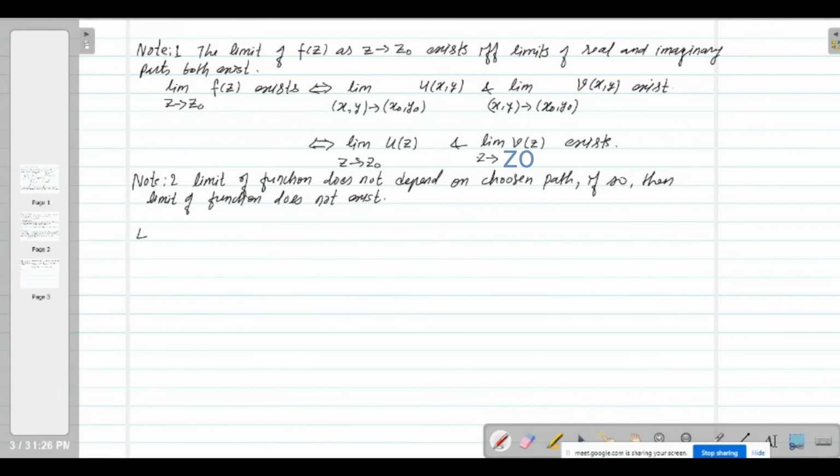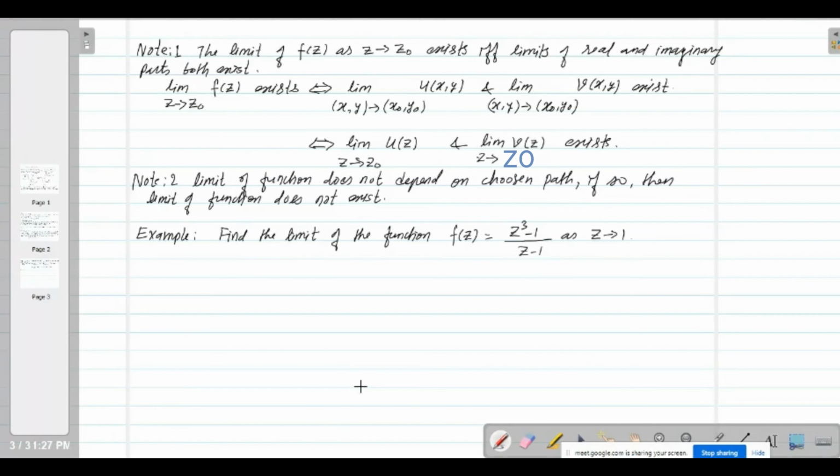Example. Find the limit of the function f(z) equal to (z cubed minus 1) divided by (z minus 1) as z tending to 1.